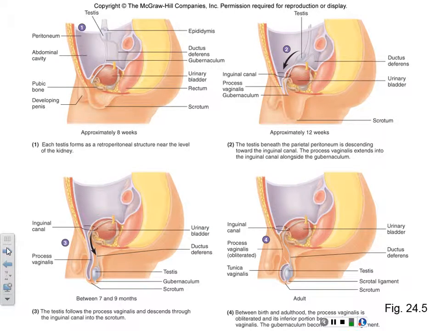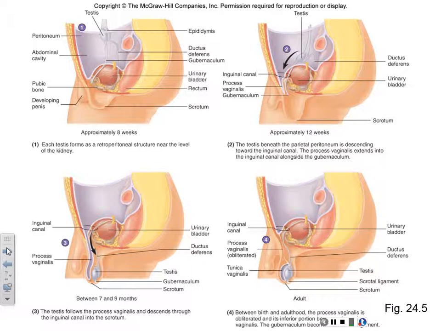So you have it as a retroperitoneal organ, and it goes through and then travels down. The gubernaculum is the structure that guides the descent of the testes, so that the testes go into the correct path and end up in the scrotal sac.